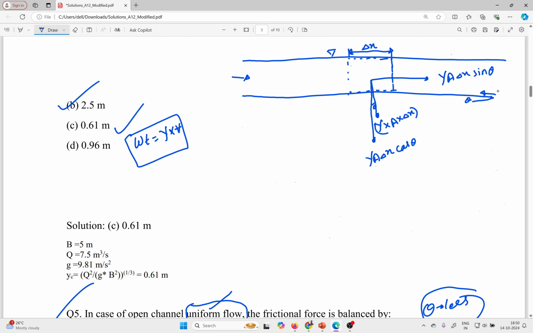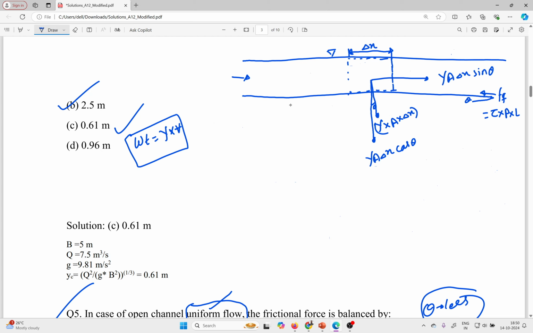Frictional force Ff is nothing but shear stress into area. The area we consider here is perimeter times length, because the frictional force acts on the side surfaces as well as on the bed.